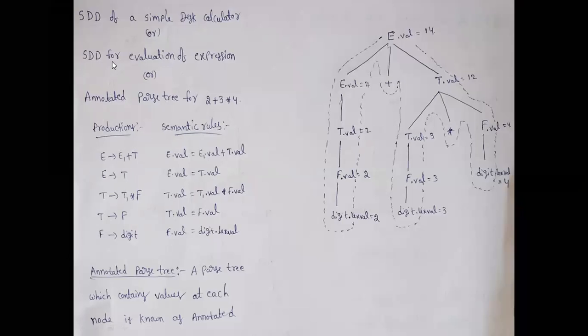So with this definition, we are evaluating an expression, 2 + 3 * 4. So this is the example for evaluation of an expression, or construction of the annotated parse tree for the expression. Okay. So is there any doubt with this one?